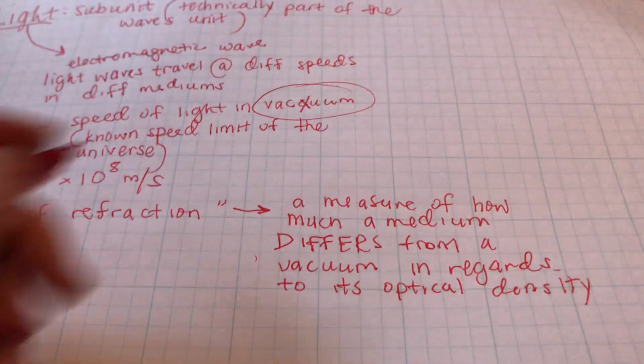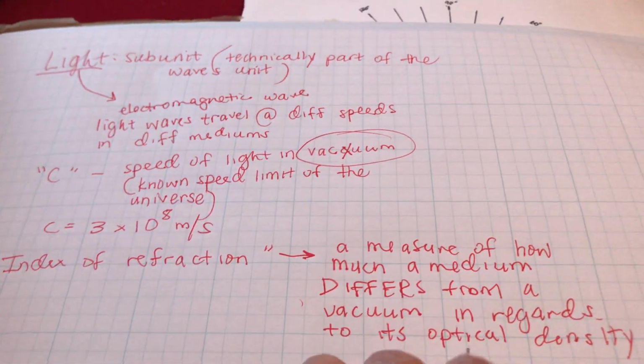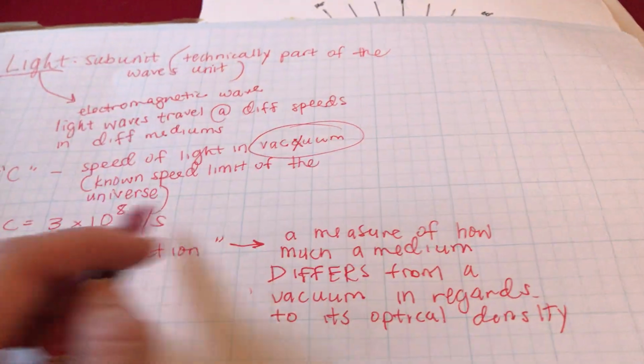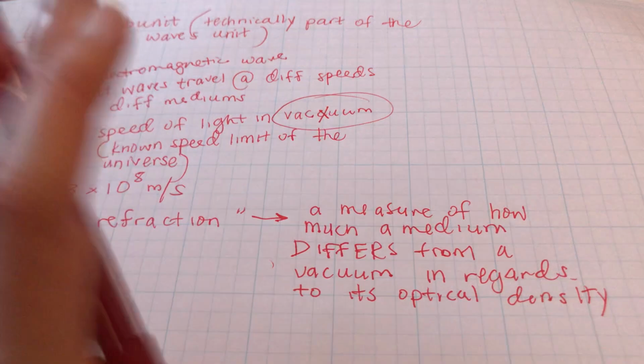In other words, if a medium is more optically dense, it's going to result in the speed of light being substantially slower.